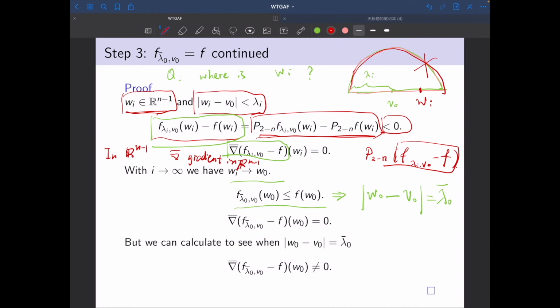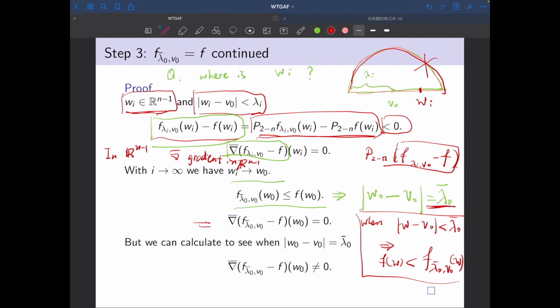This is because when the distance of W to the center is strictly less than lambda naught bar, then f of W will be strictly less than the inverted function at the point W. This justifies that the distance between W0 and V naught has to be exactly lambda naught bar. And also we get that the gradient at the point W0 has to be 0.